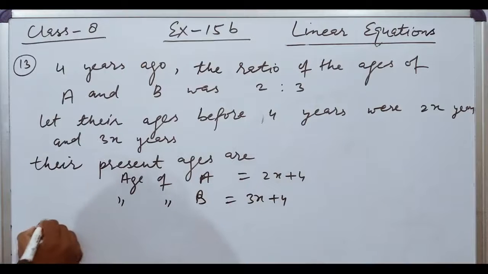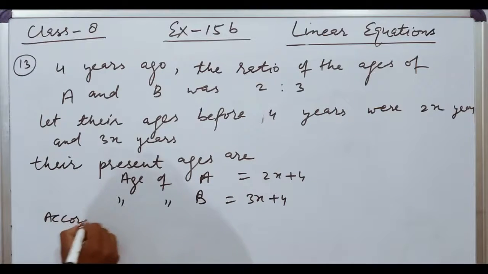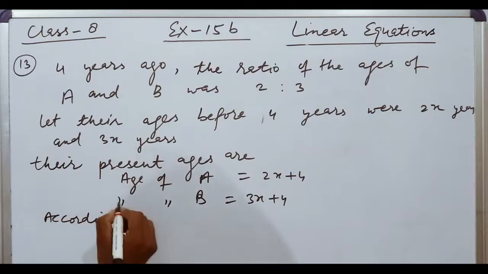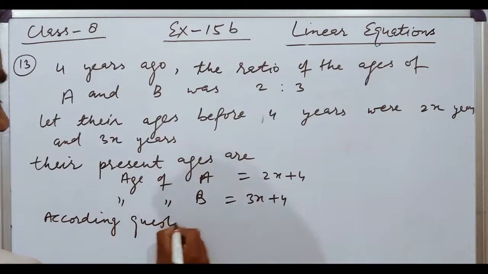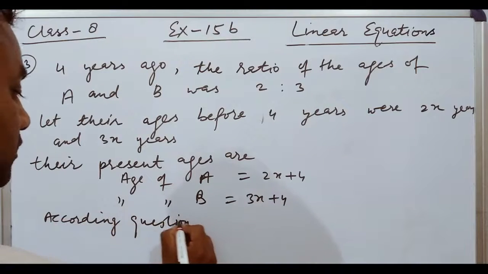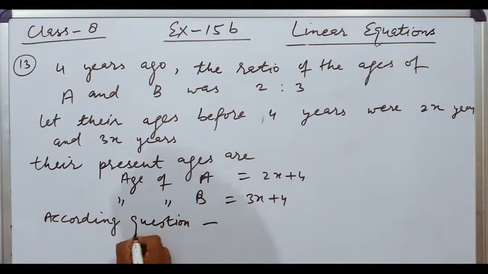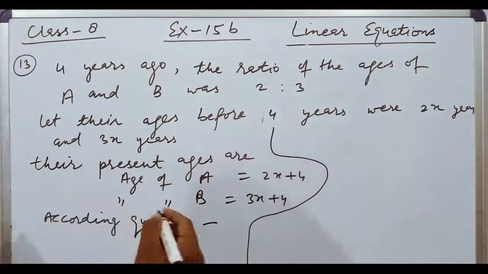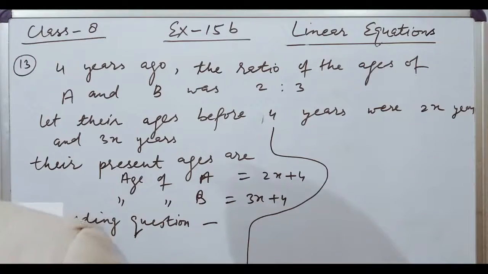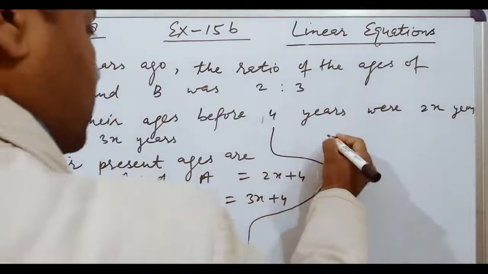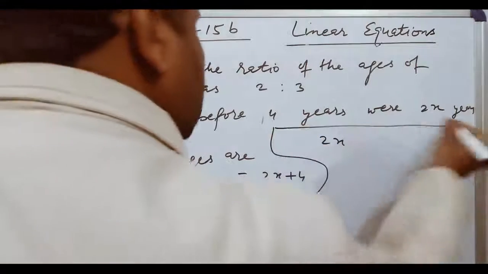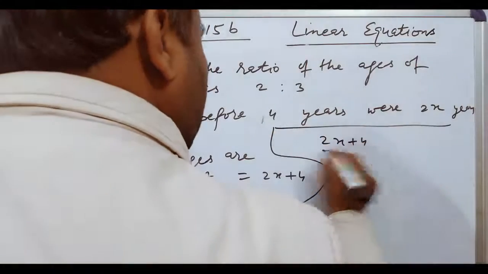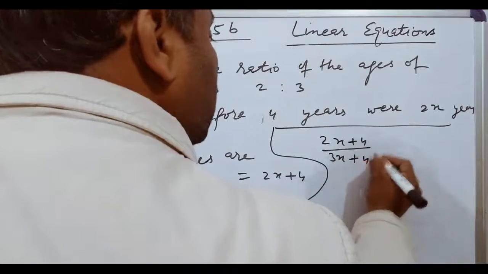Now according to the question, after 4 years, the ratio of their ages becomes 5:7, means 2x plus 4 upon 3x plus 4.